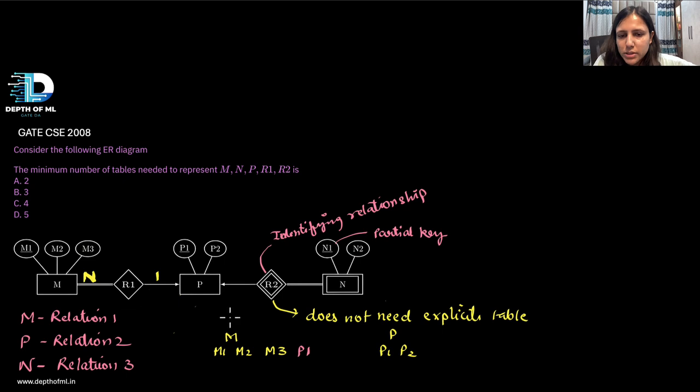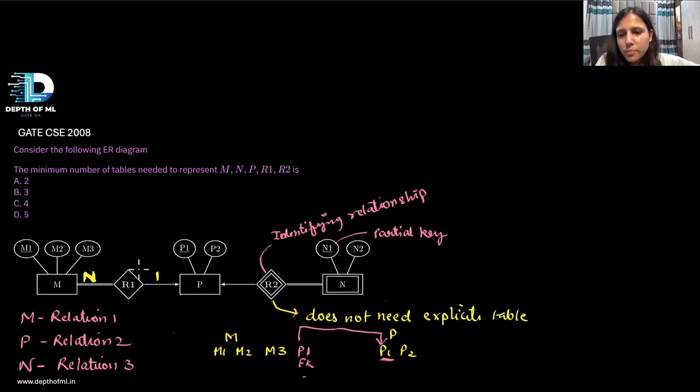Anyways, this is in total participation, so we will get this, and this will reference this particular primary key. So this is the primary key and this is the foreign key. So this will reference this, right? We have seen this in many to one relationships. So we always put the foreign key on the many side. So we'll put it here.